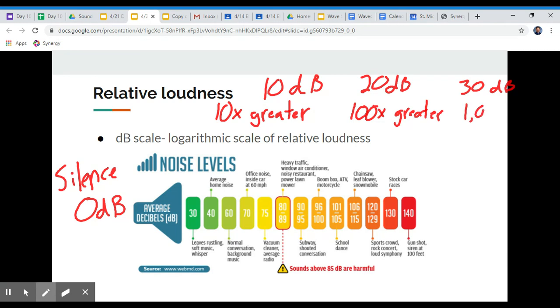It would be 1,000 times greater than near silence. And this keeps going on. So 40 decibels would be 10,000 times greater. 50 would be 100,000 times greater than near silence. So it just keeps going up by scales of 10.